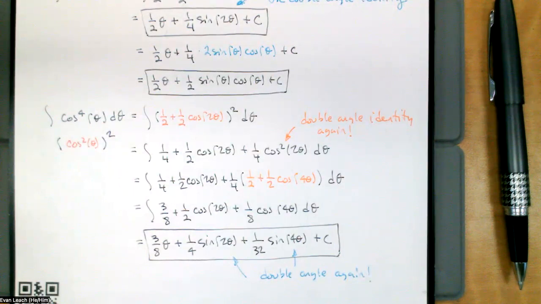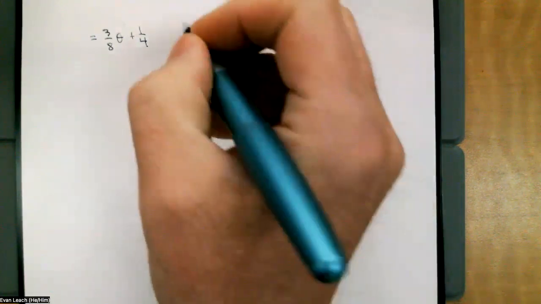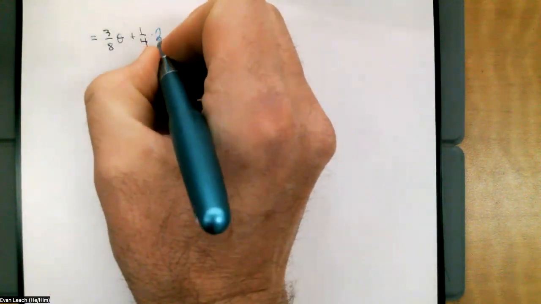So I'm going to replace my sine of 2 theta and my sine of 4 theta with the double angle identity for sine. So my sine of 2 theta is going to be 2 sine theta cosine theta.